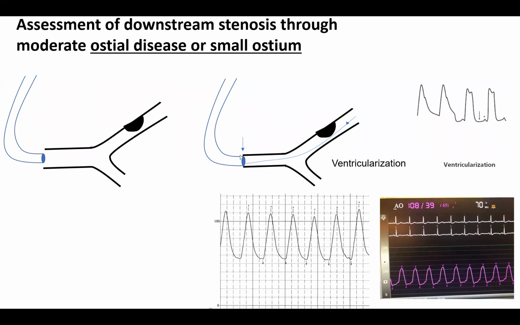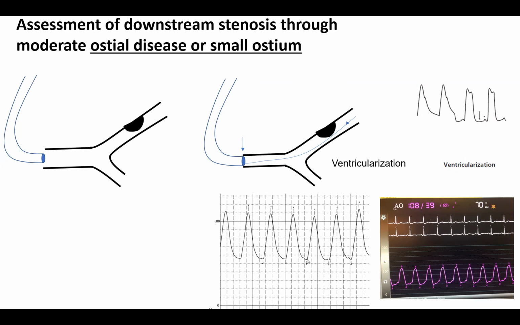You're not worried about it. However, when you put a guide and you wedge it in that left main, the guide is obstructive, okay? And this is when you get guide pressure ventricularization, because it's now seeing more the downstream ventricular pressure. So you may have a ventricularized, this is a guide ventricularization. You go from an aortic pressure to a ventricular pressure that is horizontal in diastole, sometimes with a wave.